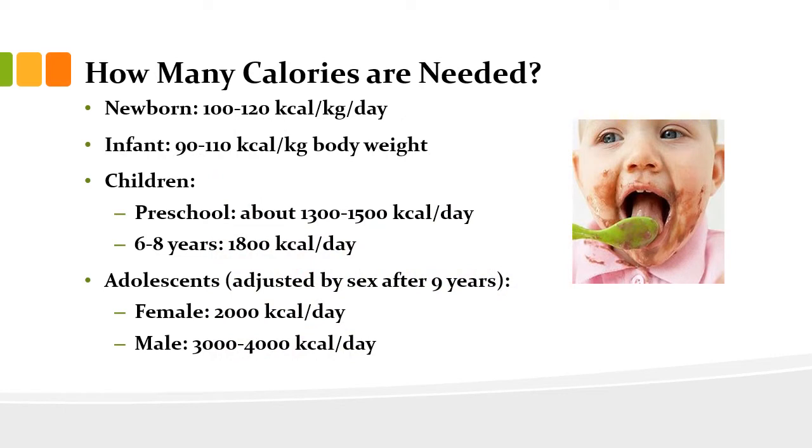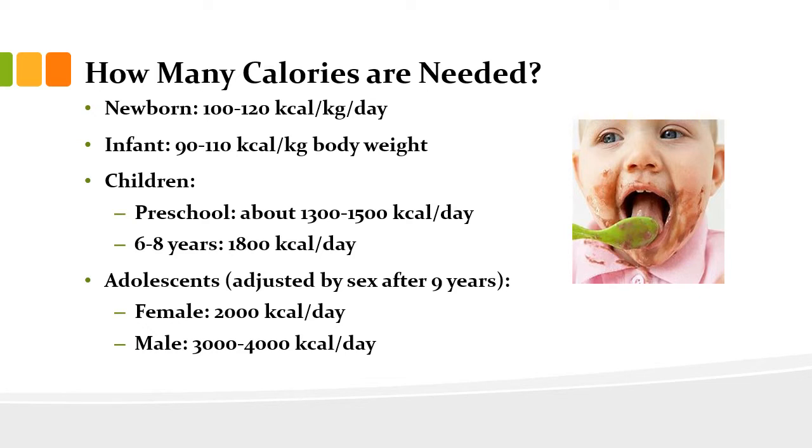So how many calories are needed? Well, this varies upon life stage. Newborns need 100 to 120 kilocalories per kilogram a day. As they grow into infants, this is 90 to 110 kilocalories per kilogram of body weight. Children are rapidly growing.